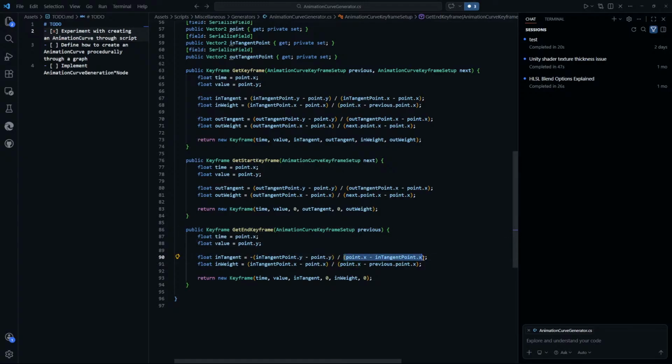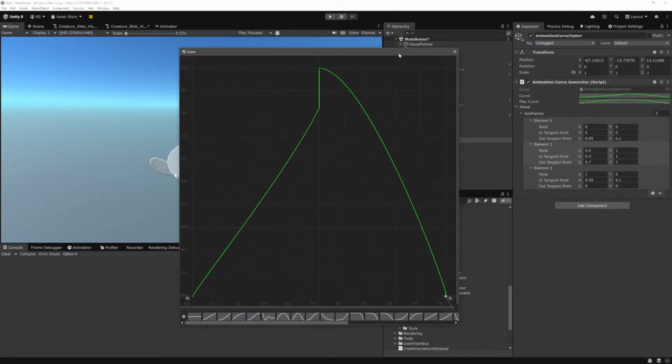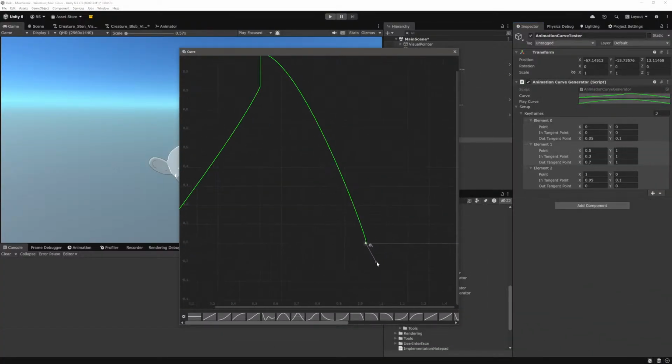This one should not decide the sign, but we know that this one is always smaller than this one. So if we do it like this, intangent should have a negative slope, and then it's flipped here.